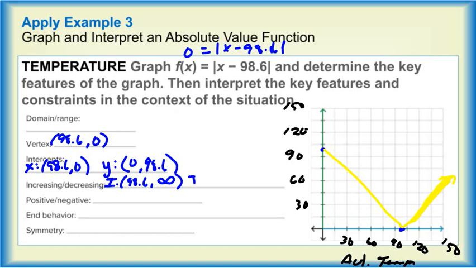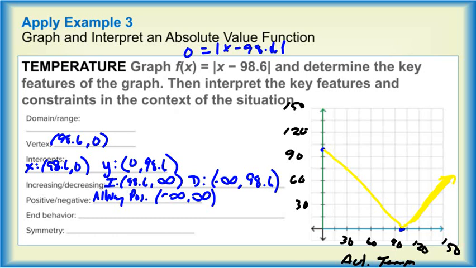And then it's decreasing. I'll use a D for decreasing. And it's decreasing when we have negative infinity to 98.6. It's always positive, and we can show that by negative infinity to positive infinity.